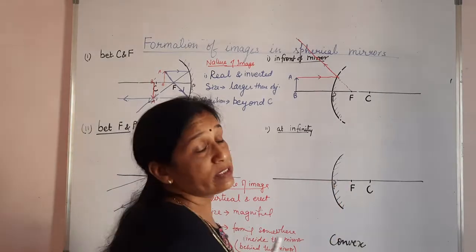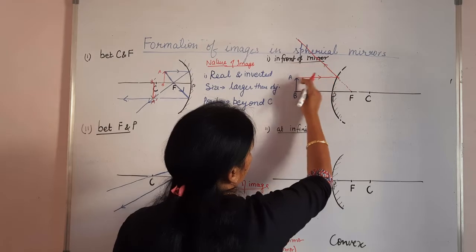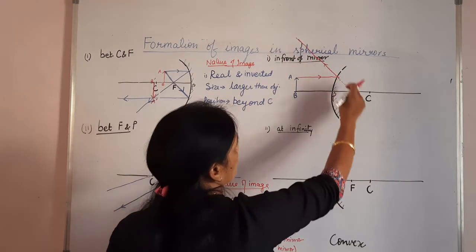So this is the incident ray, this will be the reflected ray. A ray which falls like this will reflect back and diverge from some point inside, F.